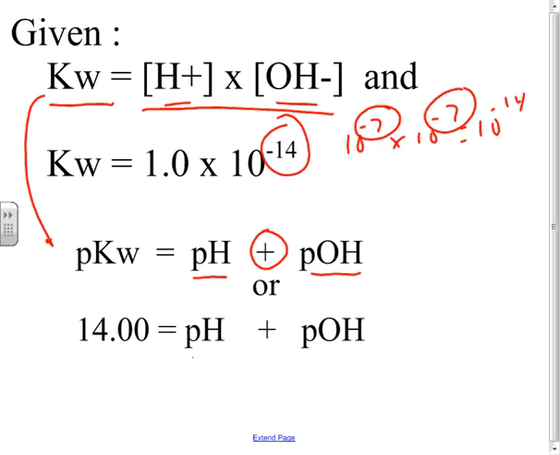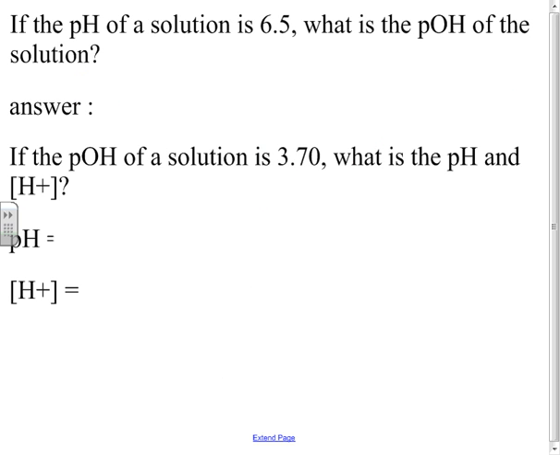And so if the pH is 7, the pOH must be 7. If the pH was 6.5, the pOH must be 7.5. They must add up to 14. So a simple equation here: if the pH of a solution is 6.5, what is the pOH of the solution? The answer is just subtract from 14.